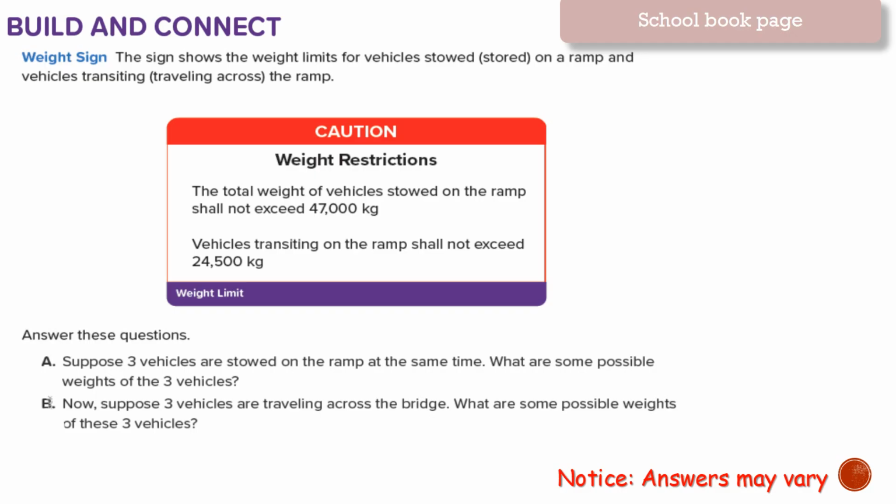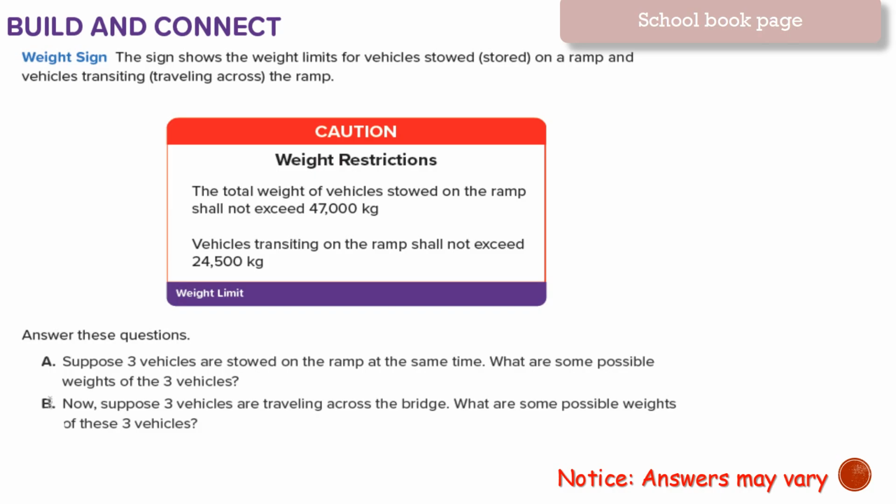In this exercise, the sign shows the weight limits for vehicles stowed or stored on a ramp and vehicles transiting across the ramp. The sign says that the total weight of vehicles stowed on the ramp shall not exceed 47,000 kilograms, but the vehicles transiting on the ramp shall not exceed 24,500 kilograms.